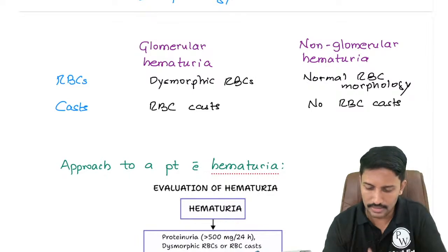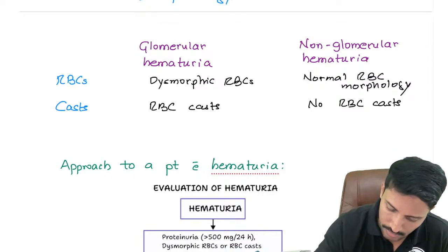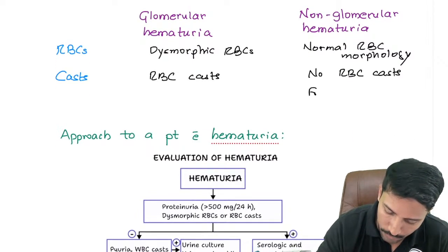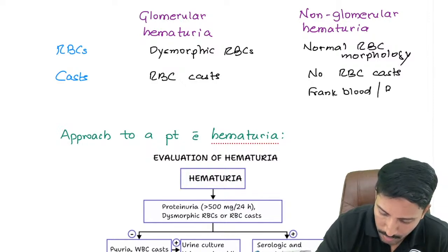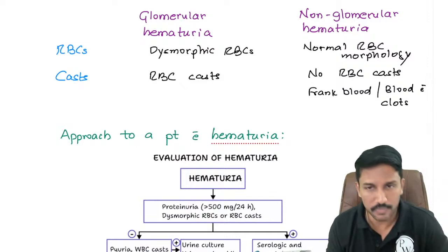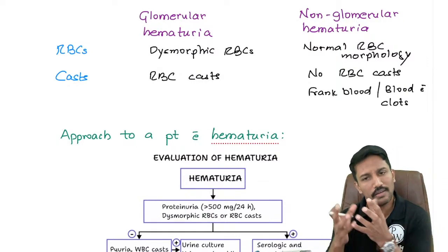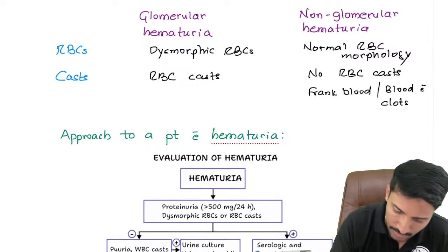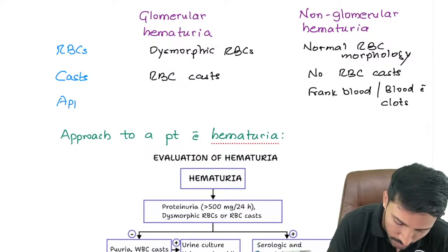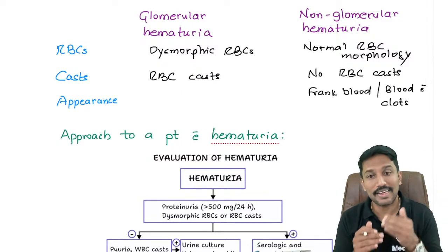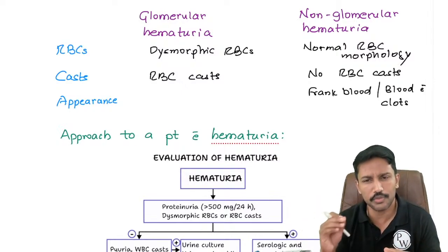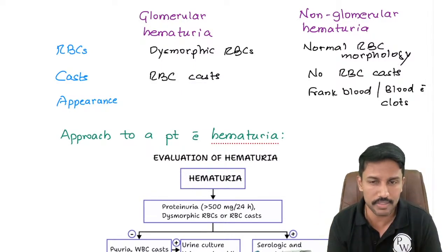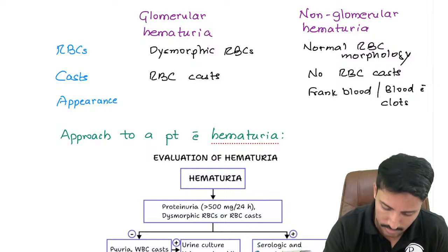Okay, so that is the second thing. Then the third thing, non-glomerular hematuria often may have frank blood, or there may be blood with clots. Blood with clots, especially when the bleeding is happening in the bladder. On the other hand, in glomerular hematuria the RBCs are damaged, they get lysed, and if it is grossly visible, it ends up looking cola colored, right?